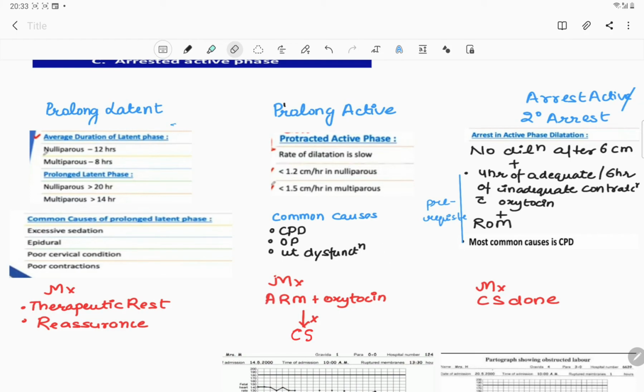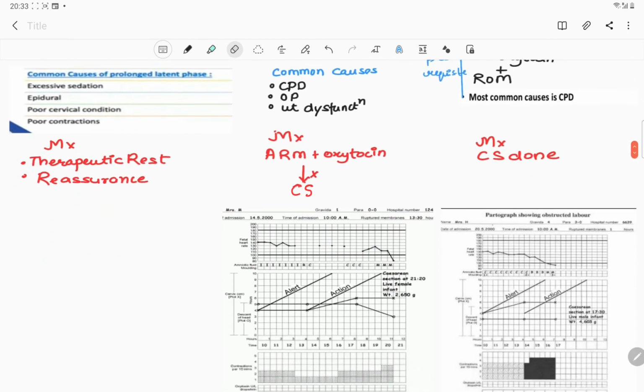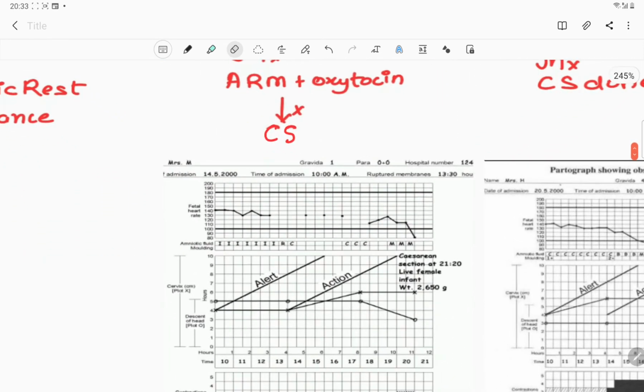And it is managed by augmentation of labor, which can be done by artificial rupture of membrane plus oxytocin infusion. And if labor doesn't progress, then it is managed by cesarean section. For example, in this partograph, the rate of dilatation is less than 1.2 centimeter, or can be called less than 1 centimeter per hour.